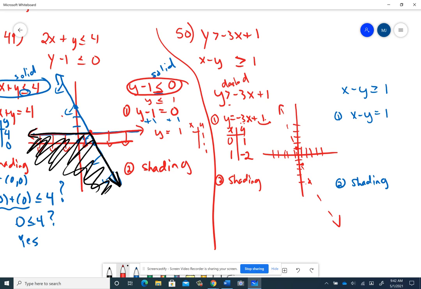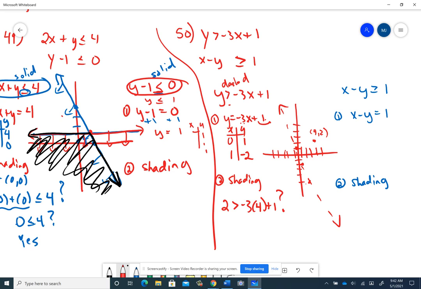All right, now look, when I did that, it's all scrunched up right there. It's hard to see the 0, 0 and which side it's really on. So I don't think I'll pick 0, 0 because it's too close to the line. Let me just go out here a little ways, maybe pick something clearly not on the line, like 4, 2, to determine the shading. So y of 2, x of 4 is what I'm testing.